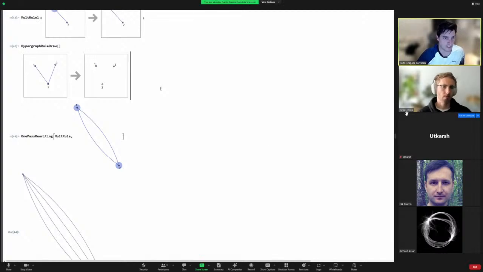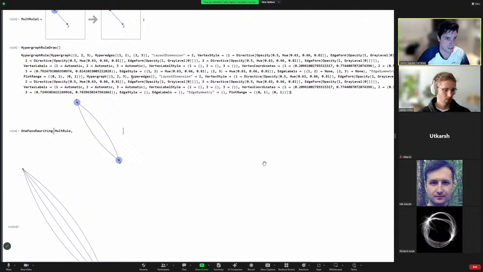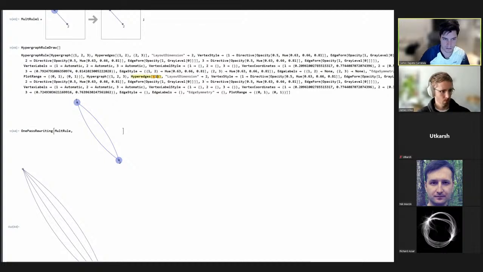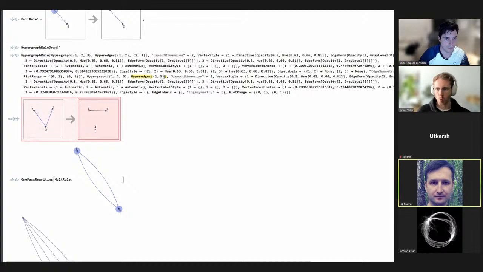But the idea is that if I just modify this and say, where is it? Hyperedges. Here, let's say 1, 3. And for some reason the styles are no longer applicable to that particular hyperedge. All right, so I should delete everything, right? That comes after.